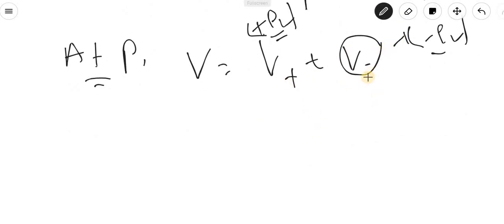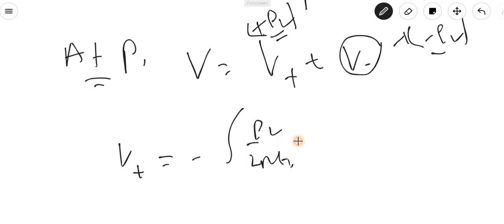So V plus will be nothing but rho L over 2 pi epsilon naught, times the integral of 1 by R dr, from R equal to S to R equal to R2.